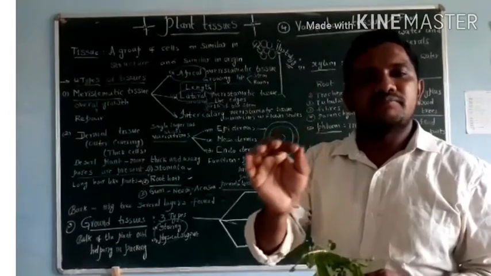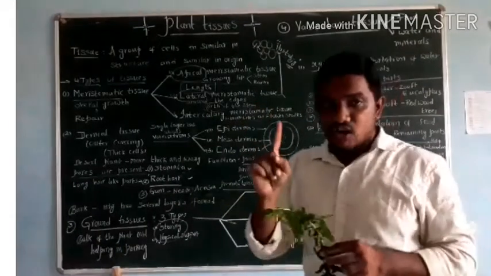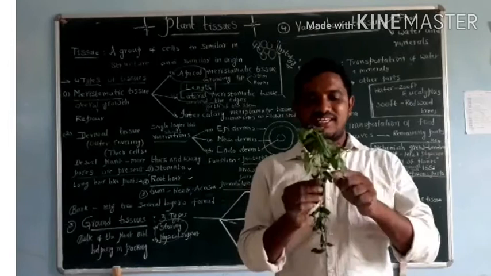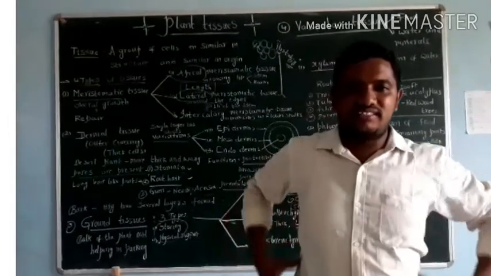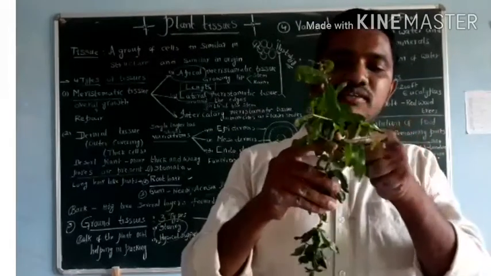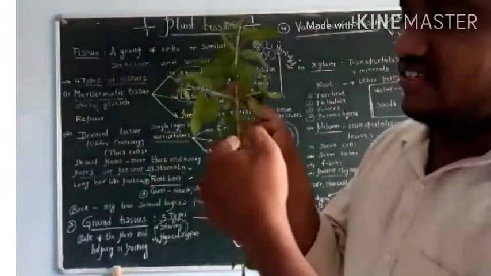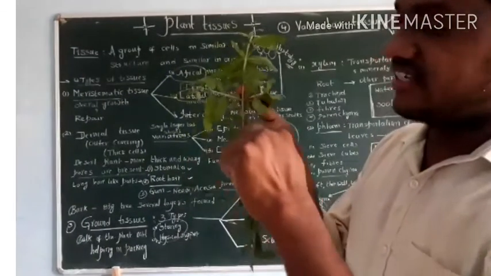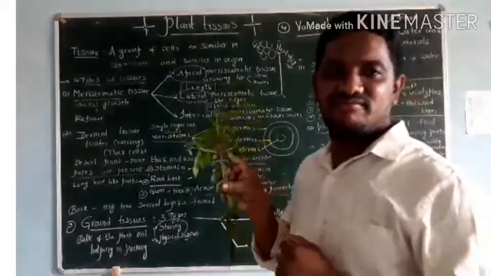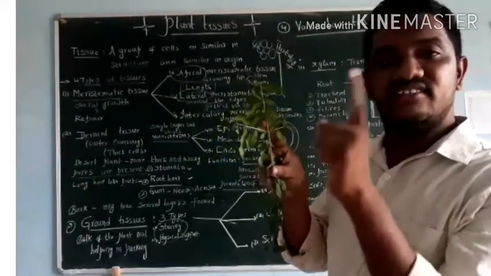This type of meristematic tissue is present around the edges of the plant, on the sides of the plant, this side and this side. Lateral meristematic tissues are present totally along the edges of the plant.